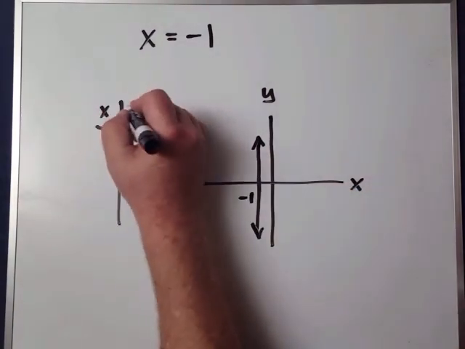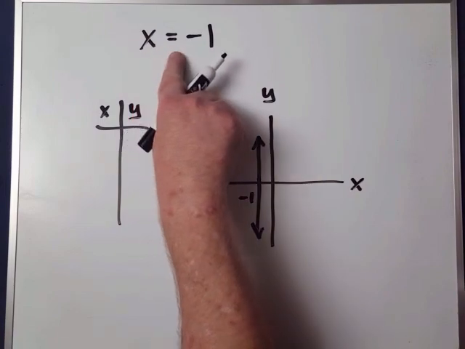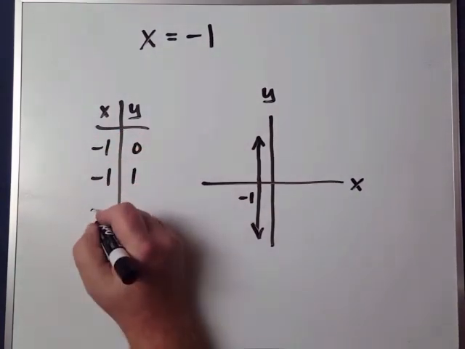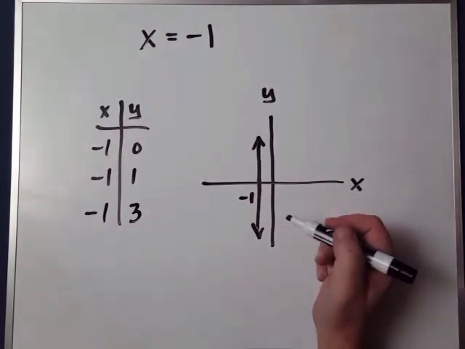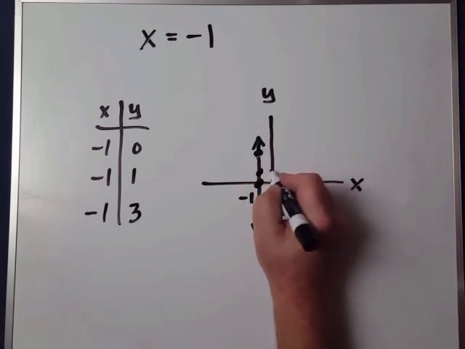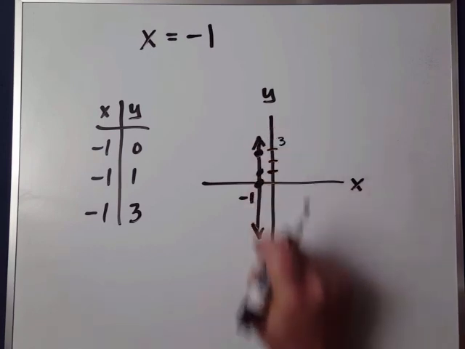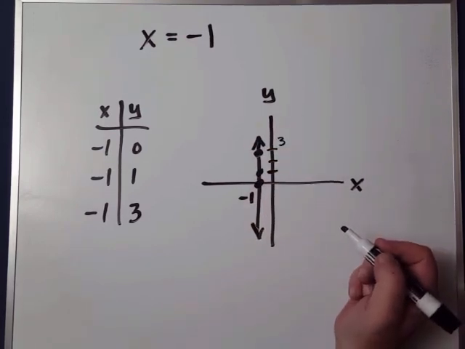If I need to be reminded, if I get stuck, I can always say, okay, x is -1. No matter what y is, x is going to be -1. And plot me some points. And that will remind me that this is the vertical line that passes through -1 on the x-axis.